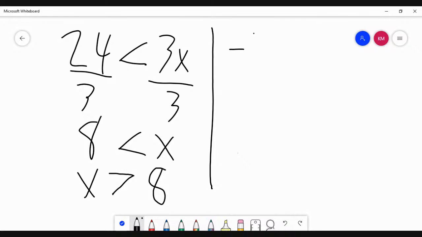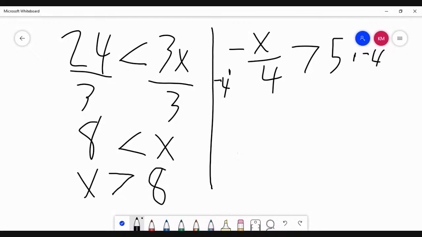Such as, if I had negative x over 4 is greater than 5, multiply both of them by negative 4. The negative 4's cancel, and my x is less than a negative 20.